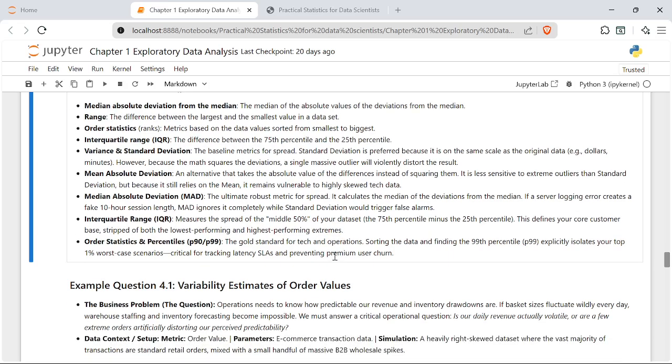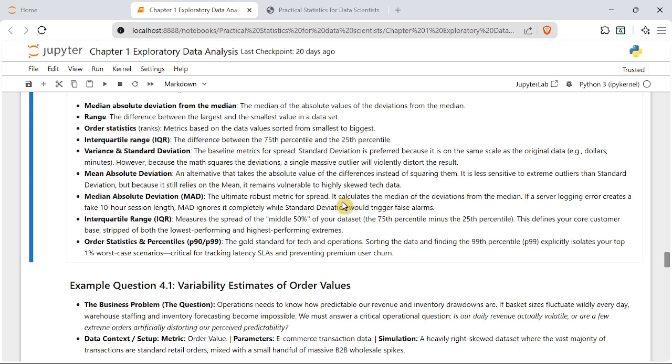Mean absolute deviation, an alternative that takes the absolute value of the differences instead of squaring them. It is less sensitive to extreme outliers than standard deviation, but because it still relies on the mean, it remains vulnerable to highly skewed tech data. Median absolute deviation, the ultimate robust metric for spread.